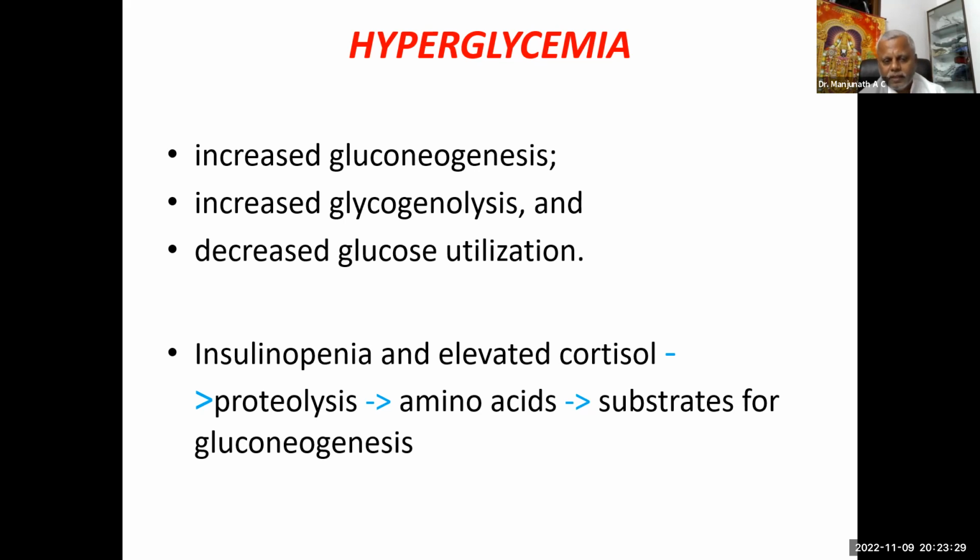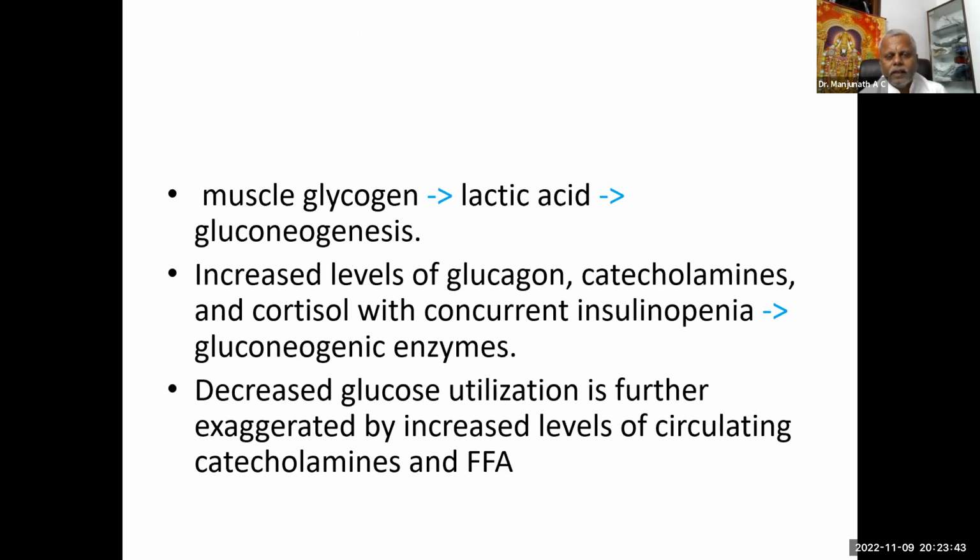And elevated cortisol, which causes proteolysis. As a result of proteolysis, amino acids are produced, and these also form the substrates for gluconeogenesis. And muscle glycogen is broken down to lactic acid, and this also leads to gluconeogenesis.